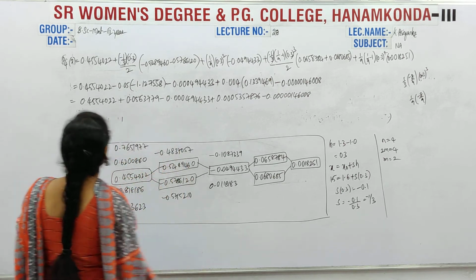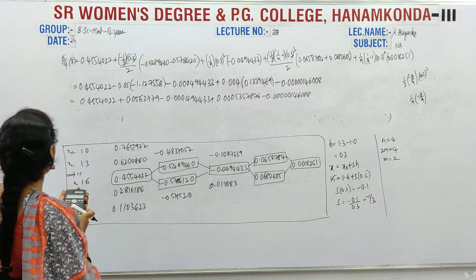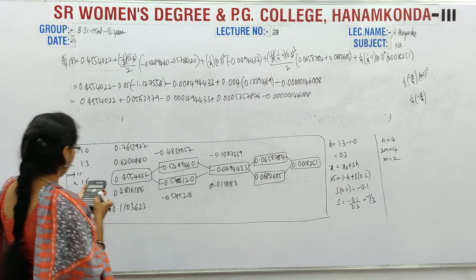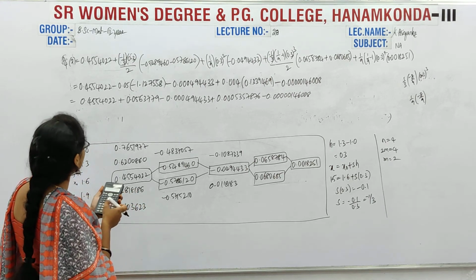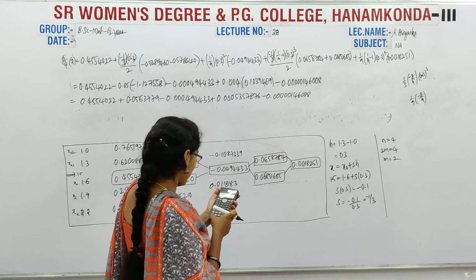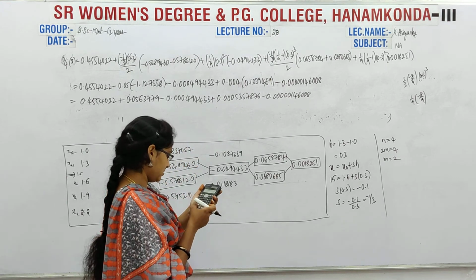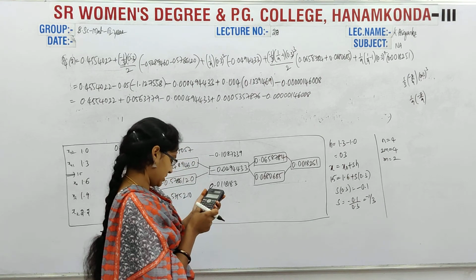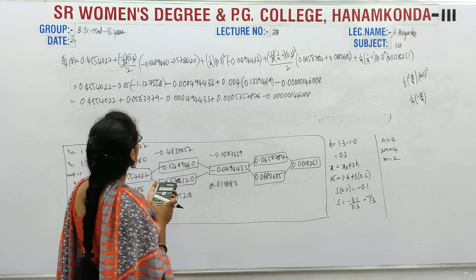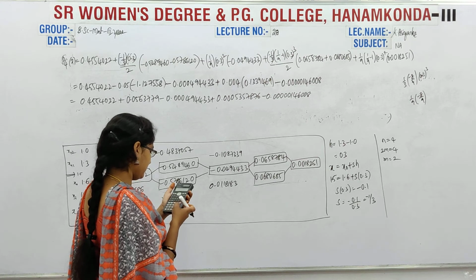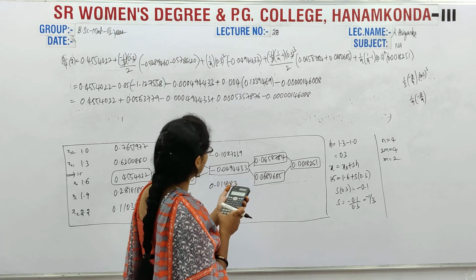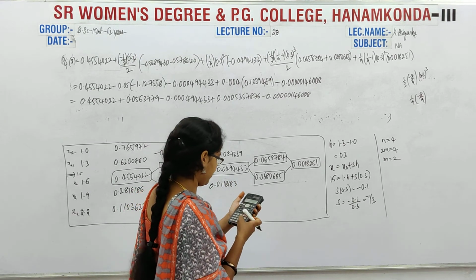Plus minus plus 0.4554022 plus 0.056379 plus 0.0005357876 minus 0.0494433 minus 0.50, yes.